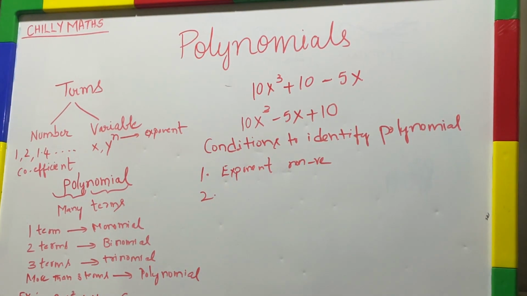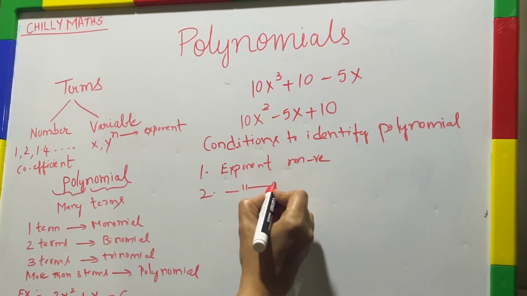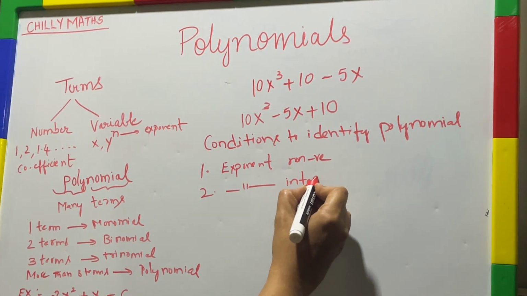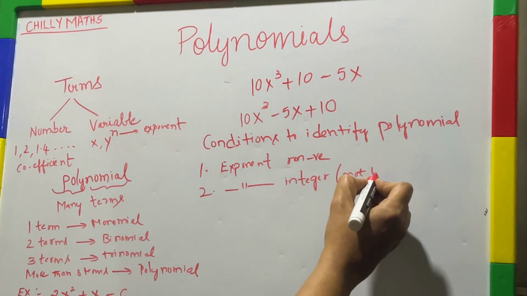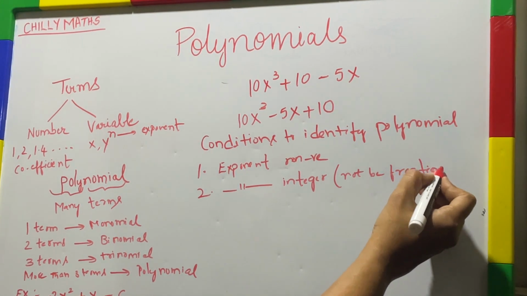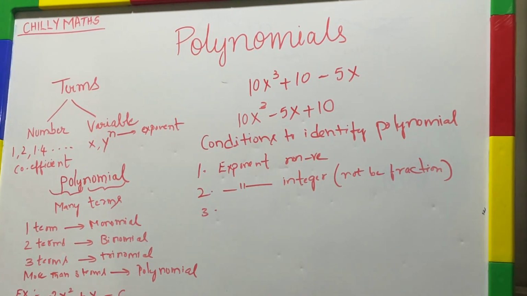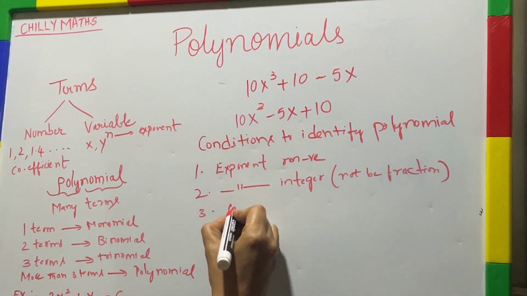Second point is the exponent should be an integer, that means it should not be a fraction. Third point is the coefficient should always be real numbers.